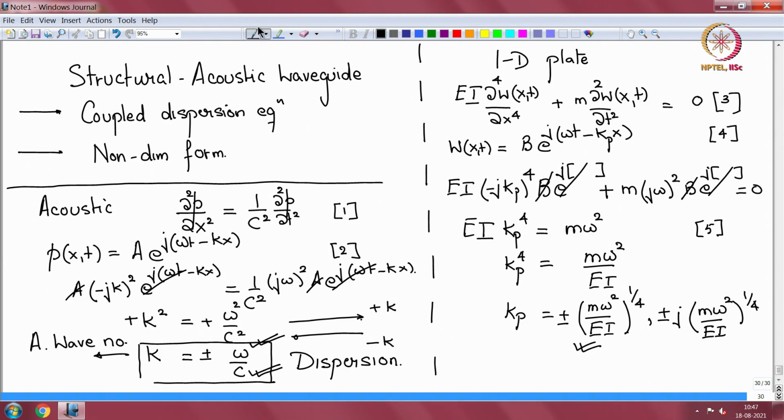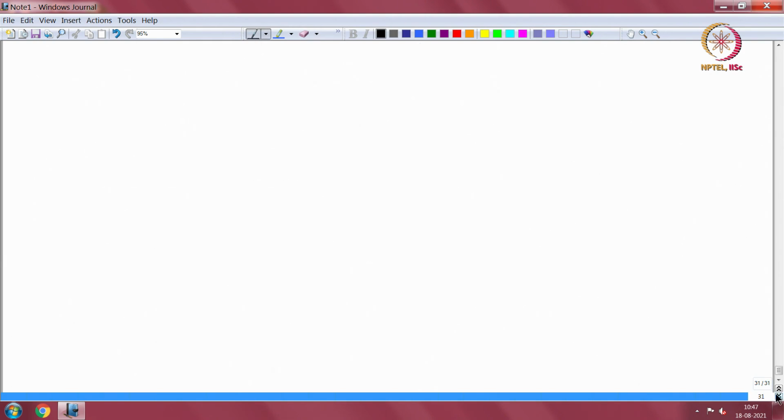Okay, so let me take the next page. So, we found kp to be equal to plus or minus m omega square by EI to the 1/4 and plus or minus j m omega square by EI to the 1/4.